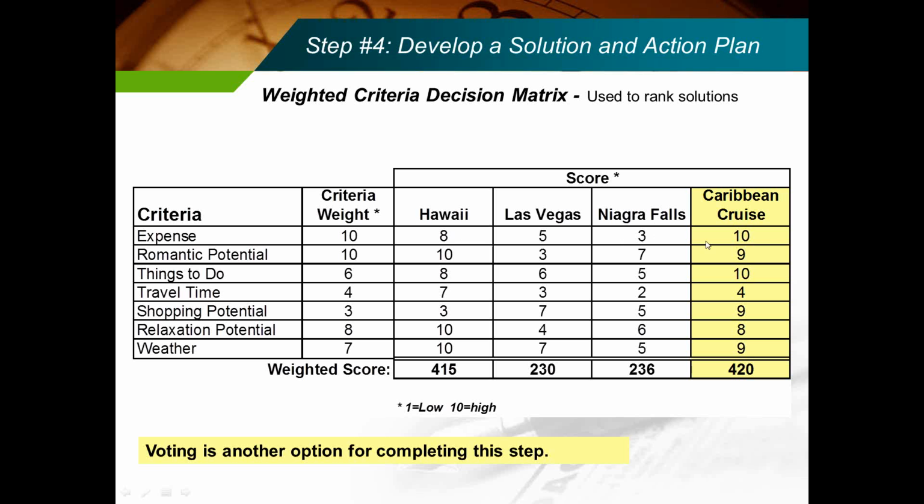Niagara Falls is not that expensive. Caribbean cruise is very expensive. And basically what you do is you weight everything and you come up with an overall score, and that's how you do it. Even if you didn't use the scores, at least it lets you know if there's an option that's really not a very good option. It would let you start to get rid of those and be more clear as to why you're getting rid of them. Okay? Any questions on this?